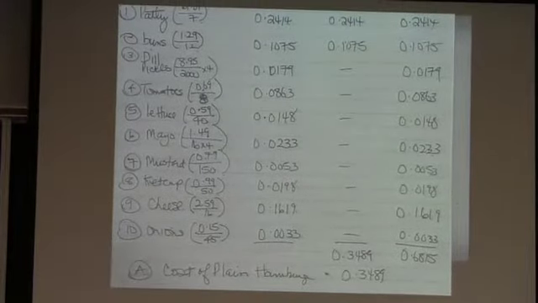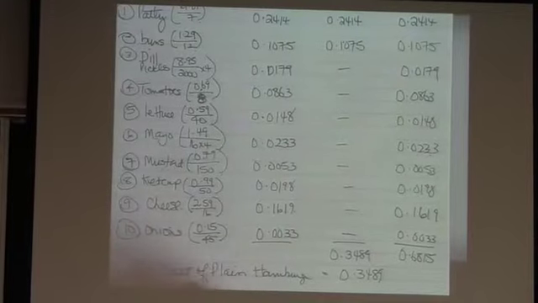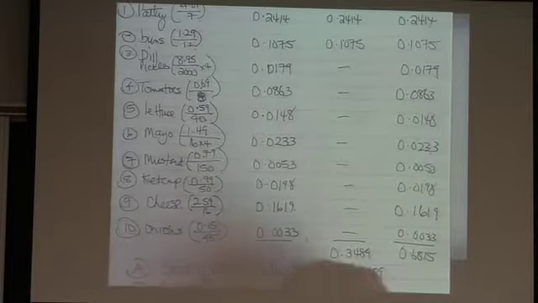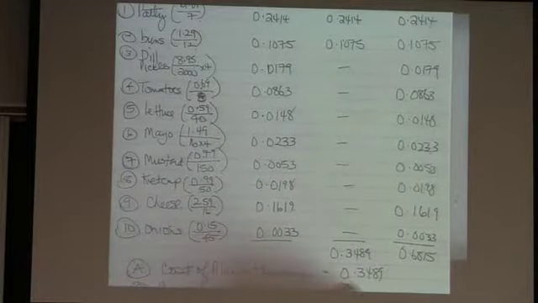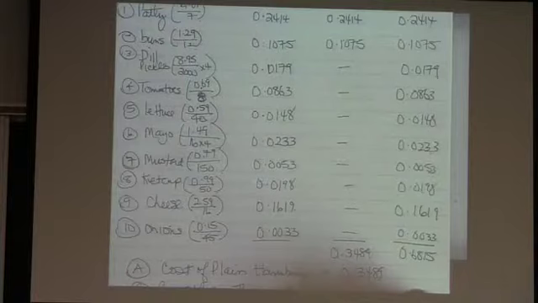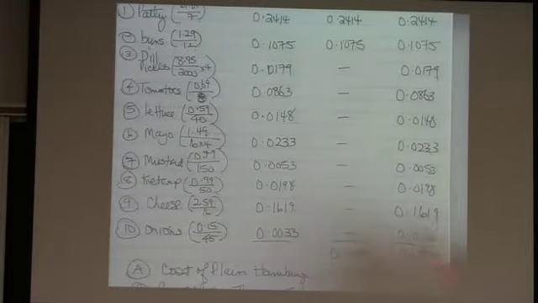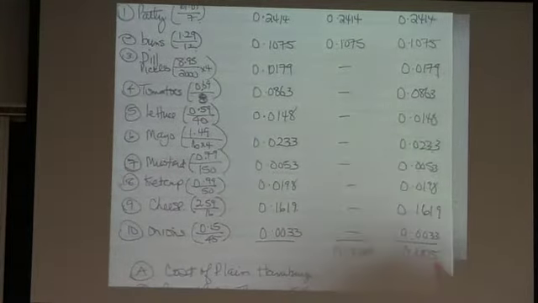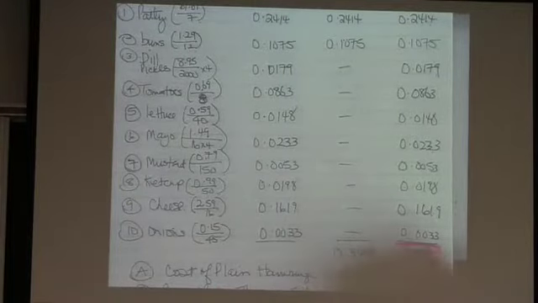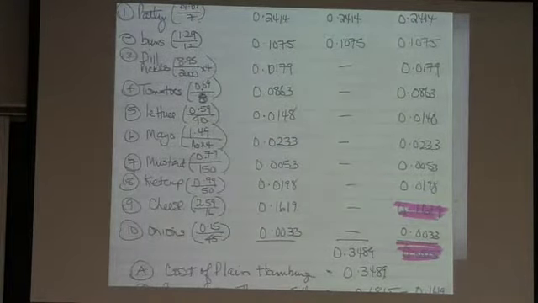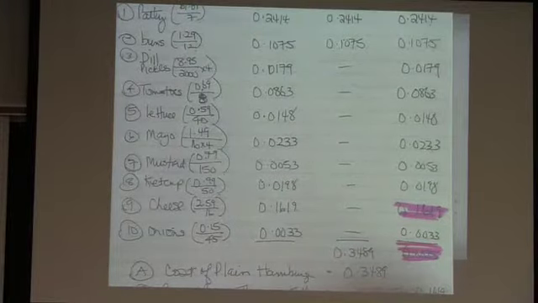The cost of everything except cheese is 0.6815 minus the cheese. So it's these two numbers, right? And that gives us 0.5196.